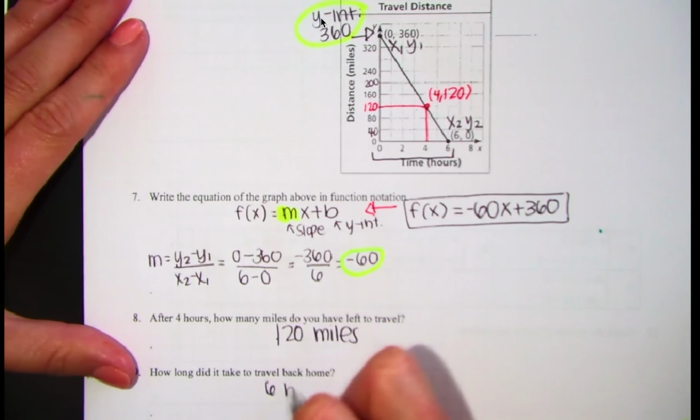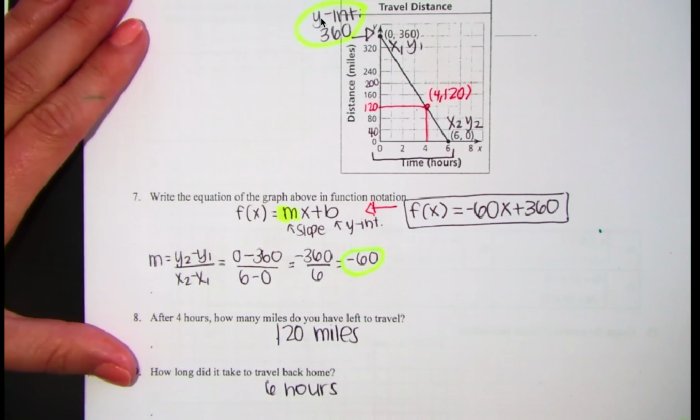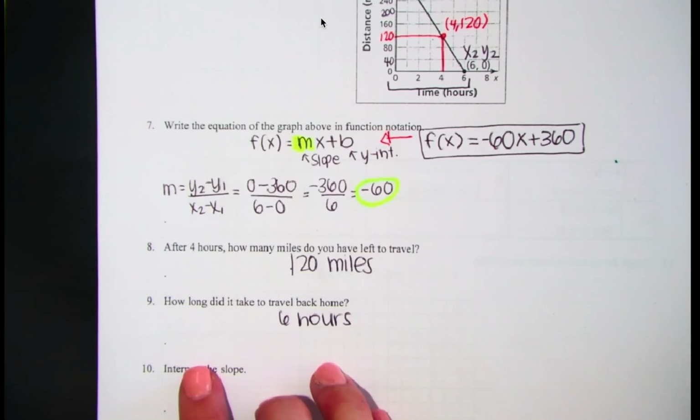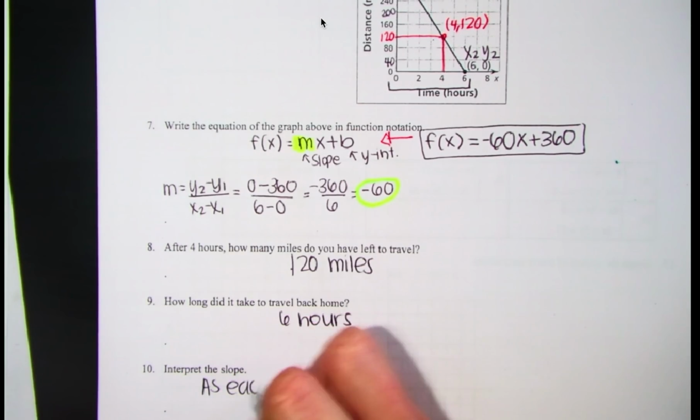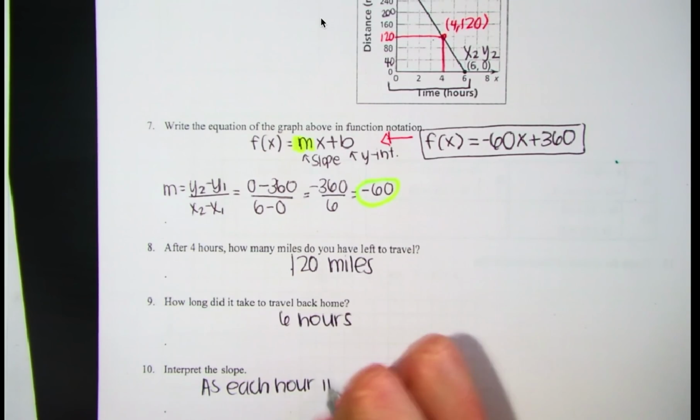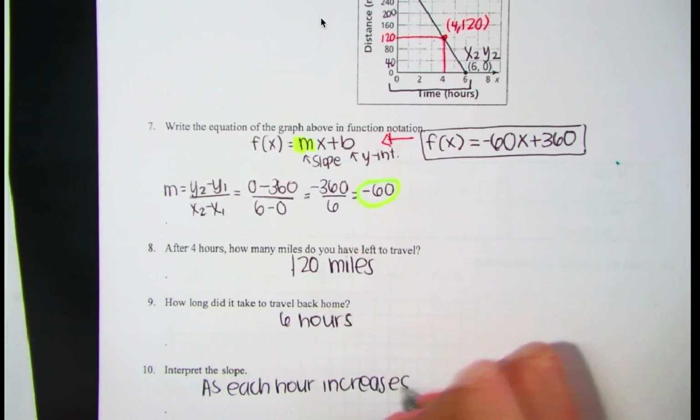So 6 hours. And then we're going to interpret the slope. We're going to say, as each hour increases, so remember our slope is negative 60.